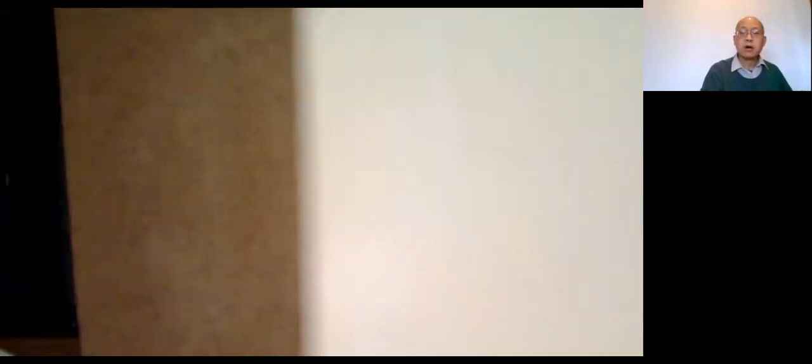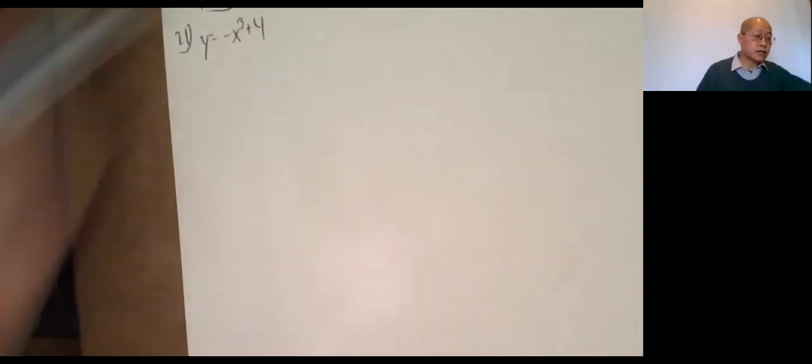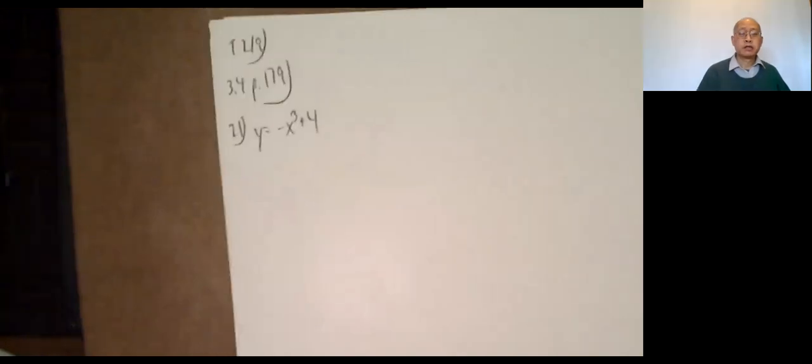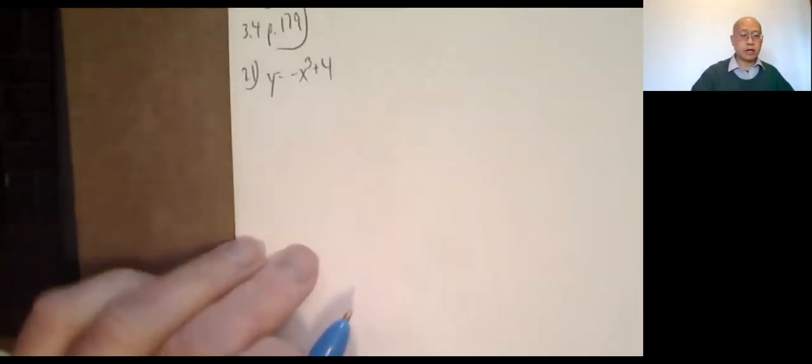This is 3.4, page 179, number 21: y equals negative x cubed plus 4. Again, you should go from the basic functions, not by plotting points, but just start with the basic cubic function, and then apply your transformations to it.